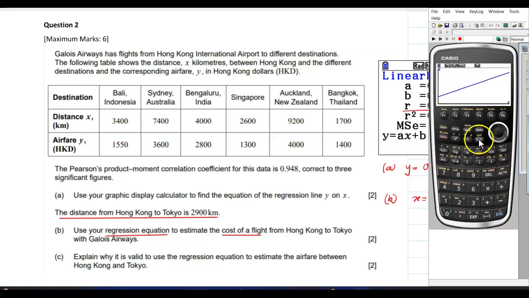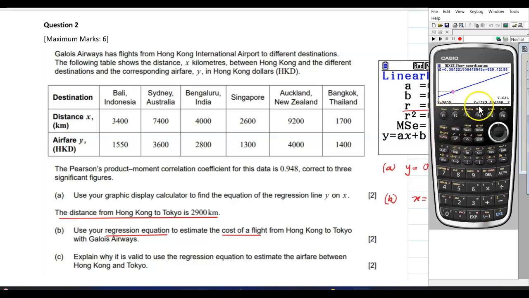Now you do G-Solve, go F6, you calculate Y when X is how much? 2,900. How do you know this thing is X? Because your distance is your X. Y is the cost.